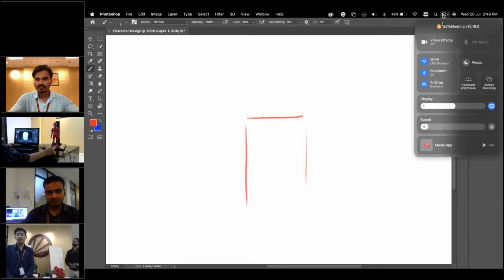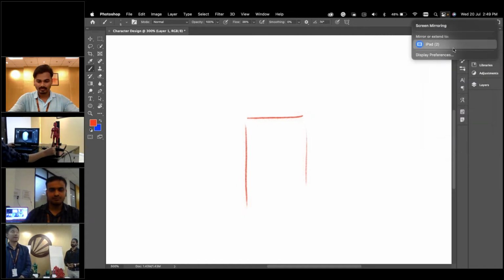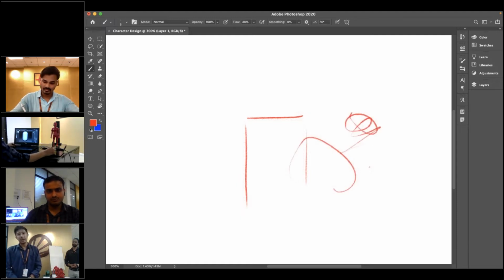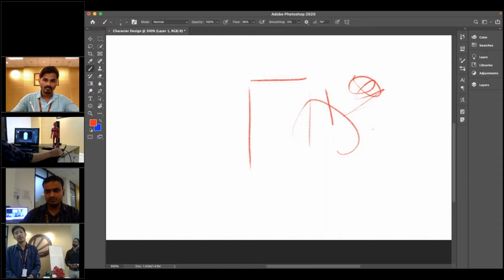Okay, I'll be creating a character based on basic shapes. Different shapes can define the nature of the characters. The triangle, as the shape has sharp edges, can be dangerous.